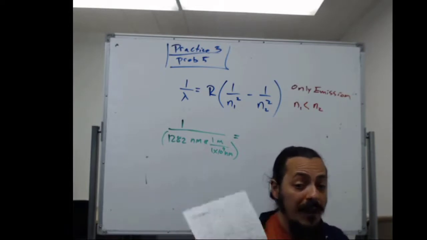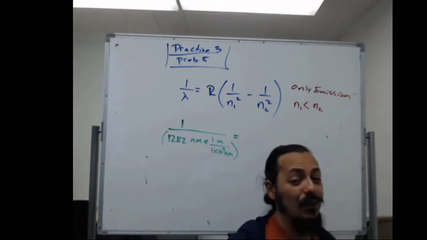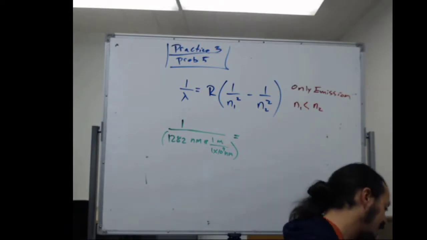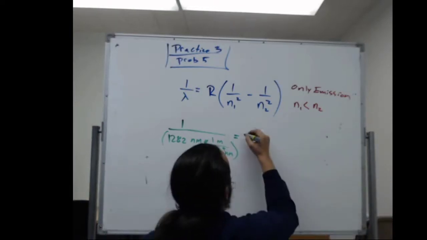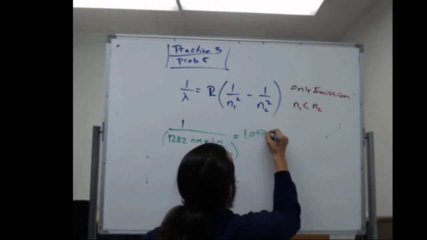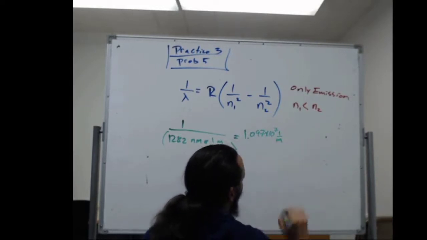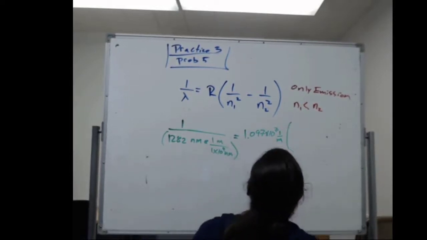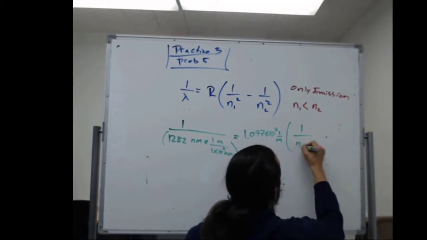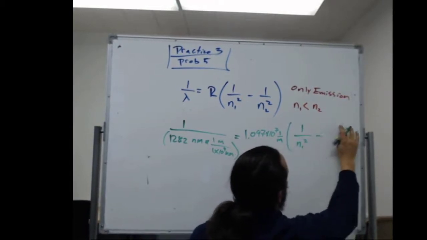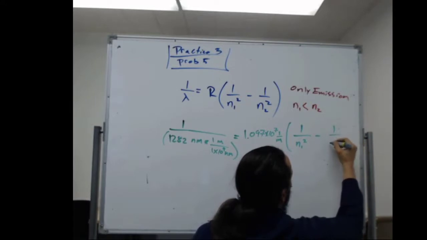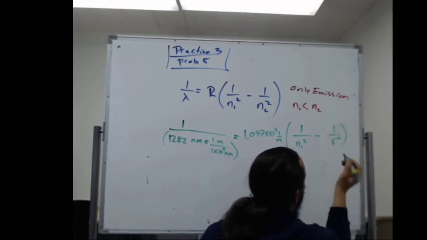Make sure you get the right version of Rydberg's constant because there are 2 different ways to think about it. This is a different constant. 1.097 times 10 to the 7 inverse meters times 1 over n1 squared minus 1 over 5 squared.